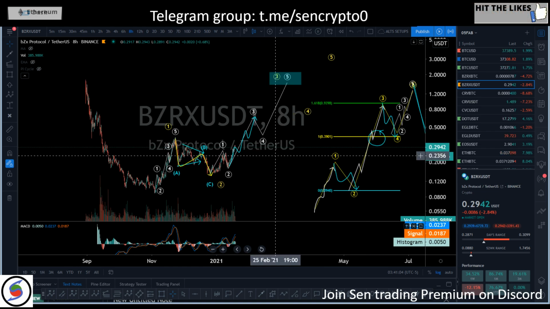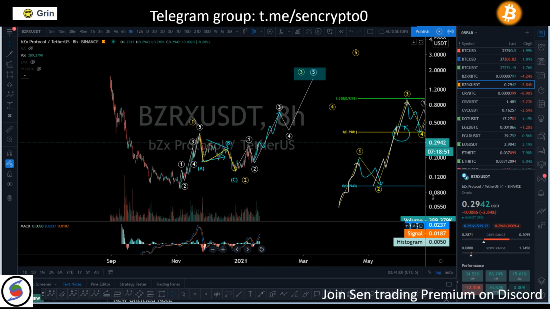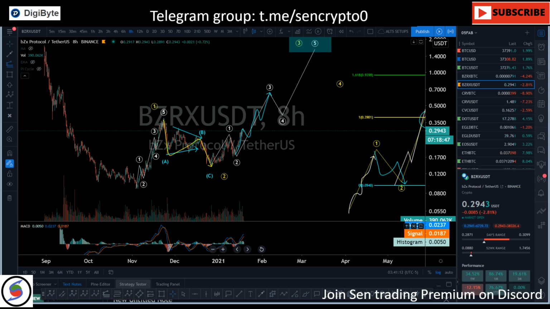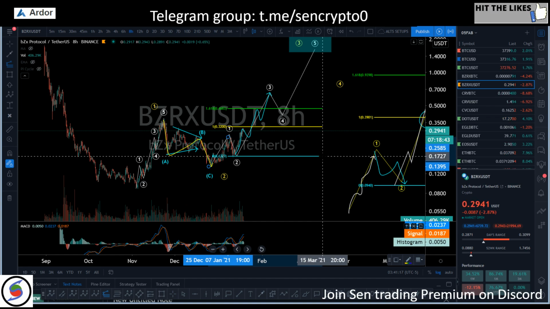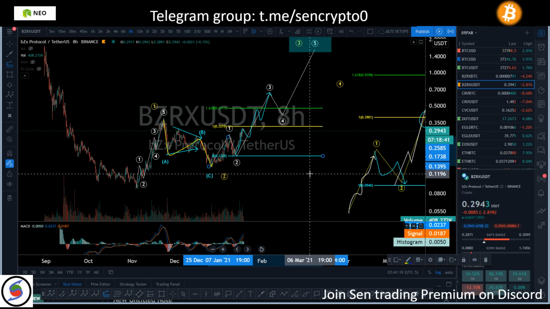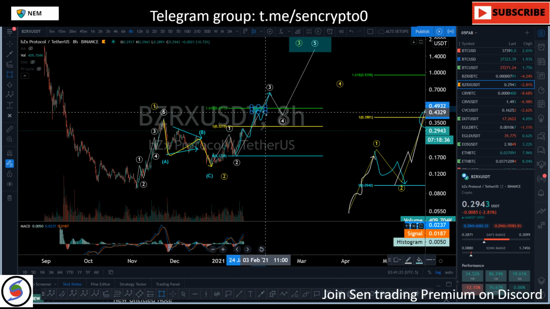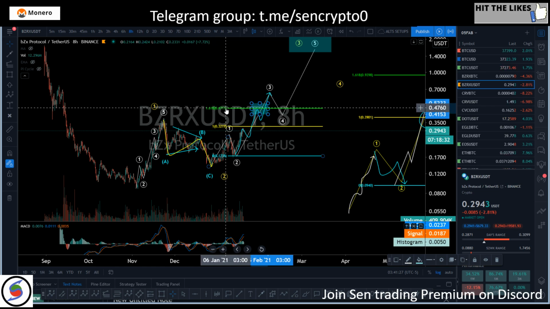So right now we're assuming we got wave 1, internal wave 1. Also for your internal wave 1, you could look for a 1.618 extension target, right here. So we could say our upside target for internal wave 1 is going to be just about 47, give or take.